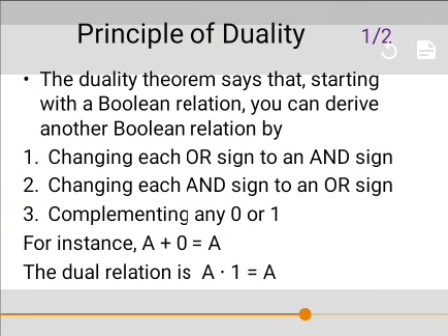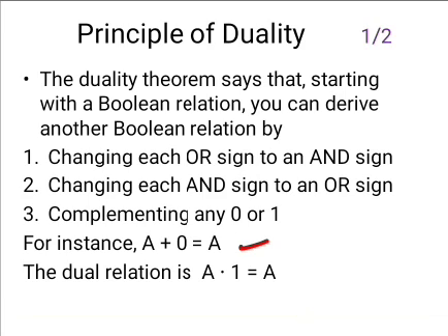For instance, A plus 0 equals A. The dual relation is A into 1 equals A. That means the dual property is obtained by changing the or sign to and sign, that is multiplication, and by complementing the 0 to get 1.